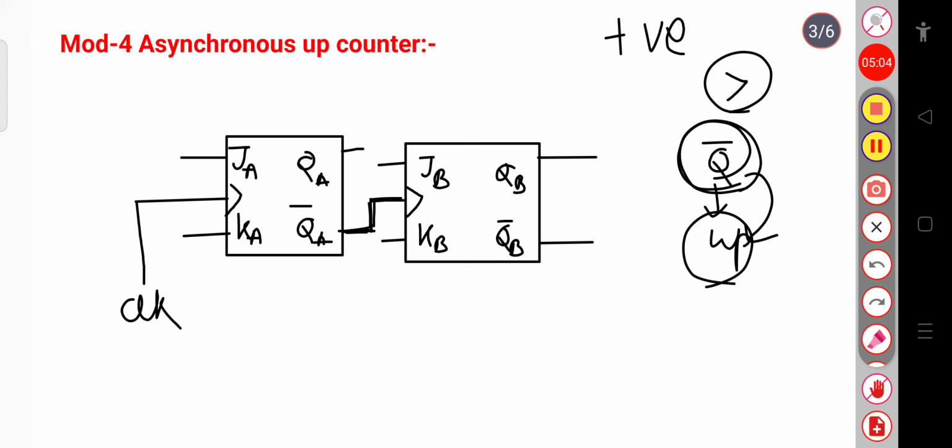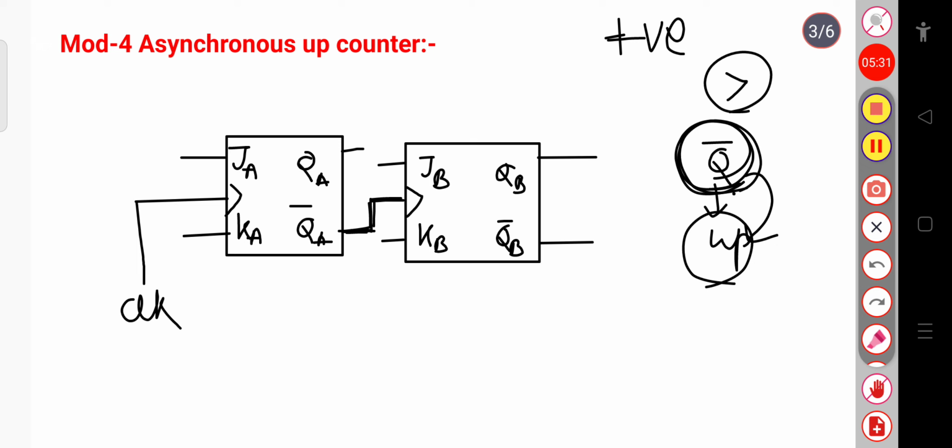And since the clock is given only to the first flip-flop, that's why it is called asynchronous. In case of synchronous, the clock pulse will be given to every flip-flop. Now, in case of the positive edge up counter, the Q bar, that is, the output of the first flip-flop, will get connected to the second flip-flop clock.